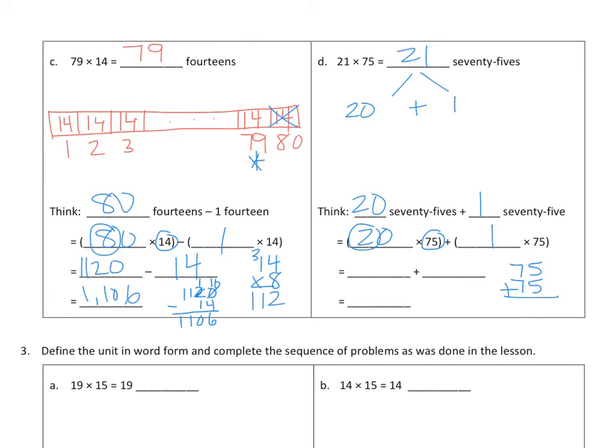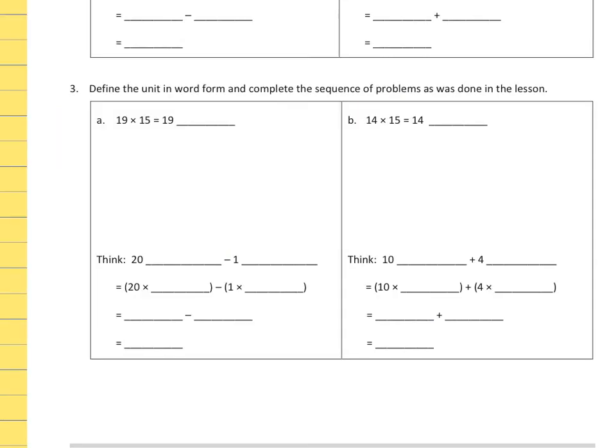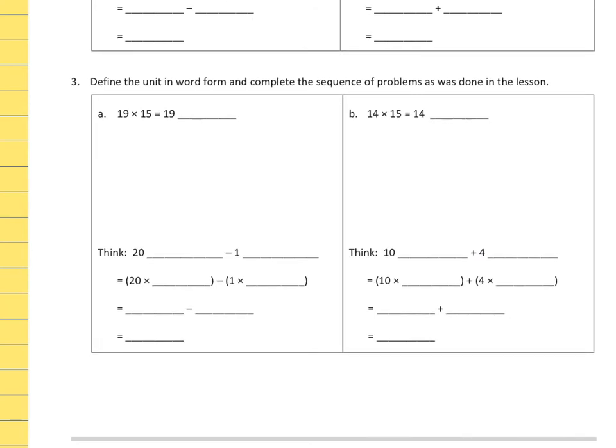You should be getting 150, and then for 20 75s, that's going to be 1,500. And then we're going to add a 75 to it. So that would be 1,575.